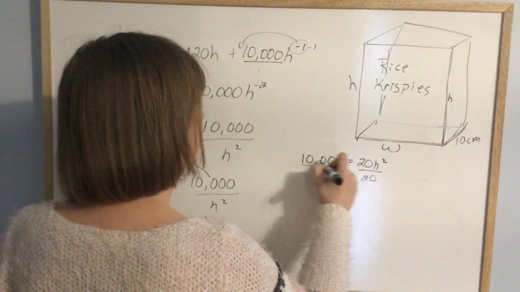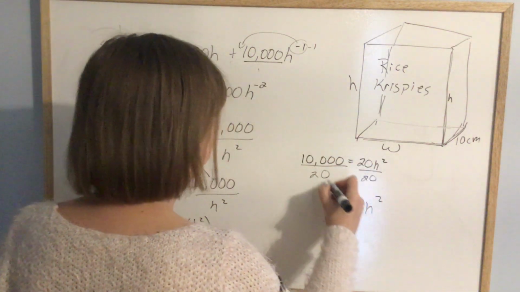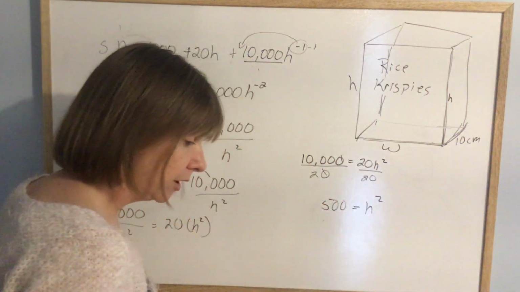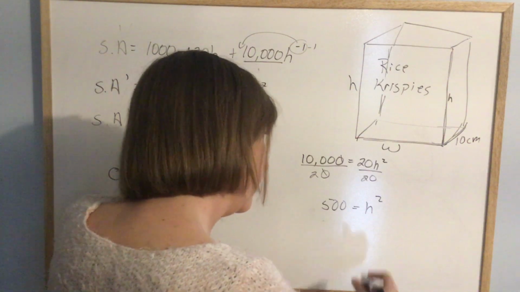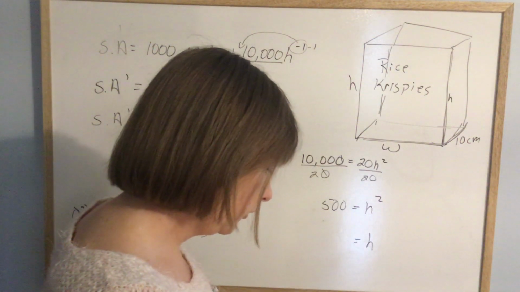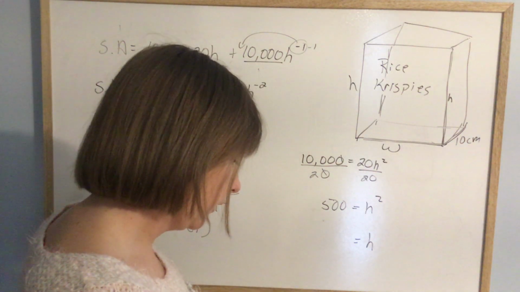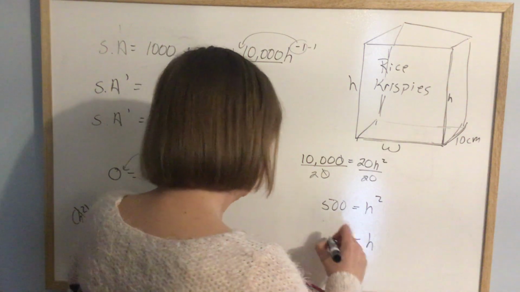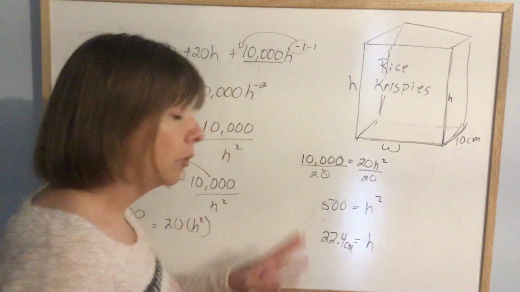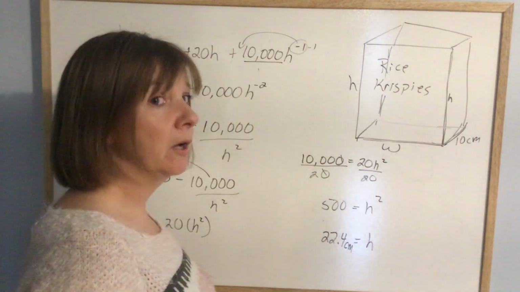I'm going to divide both sides by 20, and I'm going to have h squared is 500. And so I'm going to say h is the square root of 500, which is 22.4 centimeters.